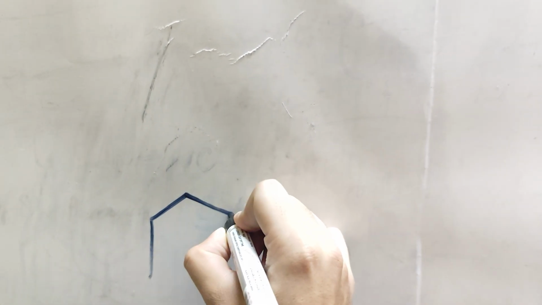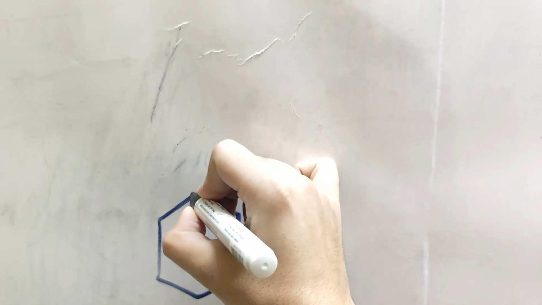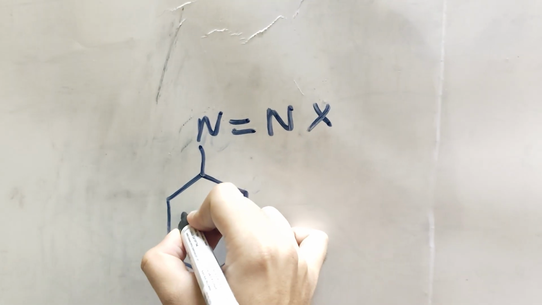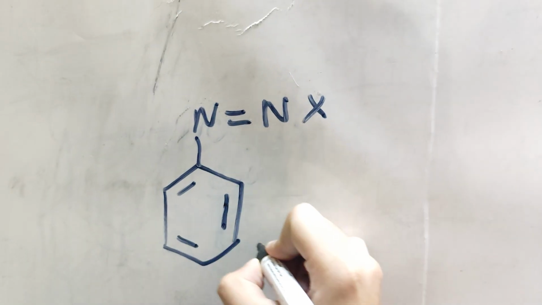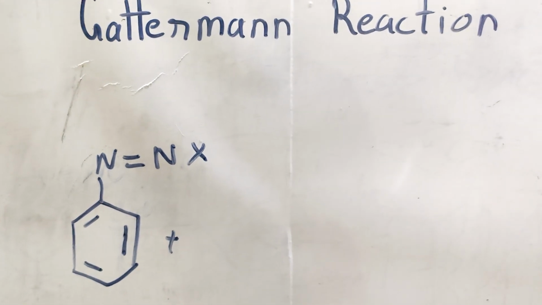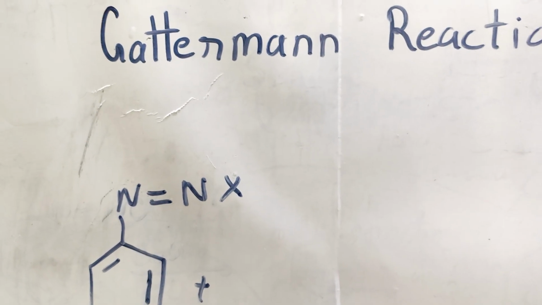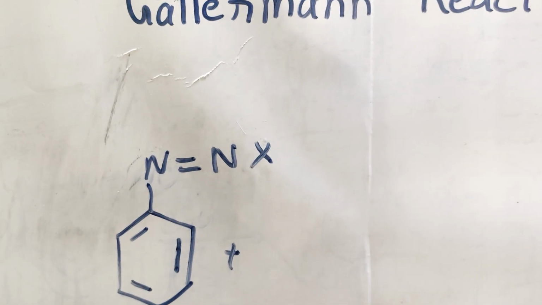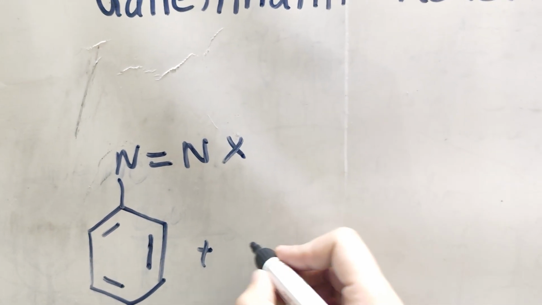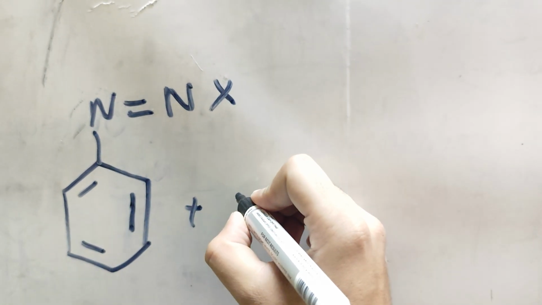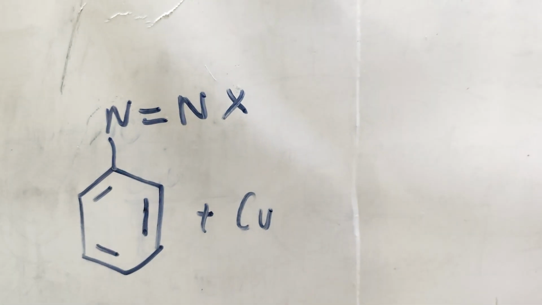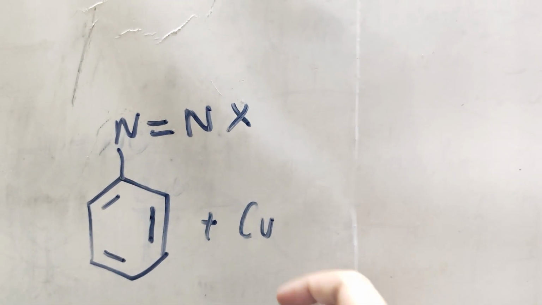So we have our diazonium salt as always, and Gattermann reaction can be said to be a modification of Sandmeyer reaction, because the reaction mechanism, although different, is similar, using similar chemicals, but instead of CuCl there, we use copper powder here.